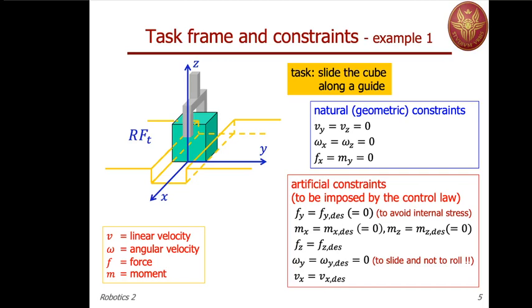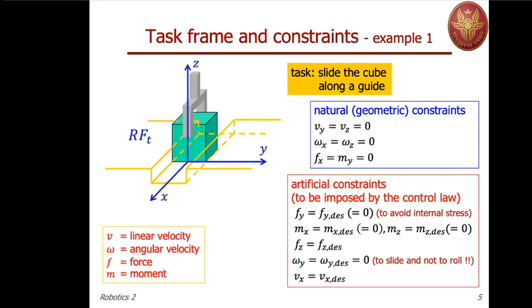And same story, we had angular quantities, omega x, omega z, as motion constrained in the natural set. Then the associated torques or momentum around the x and z axes will appear as the artificial constraints, meaning that we can assign any value mx desired or mz desired to these quantities.